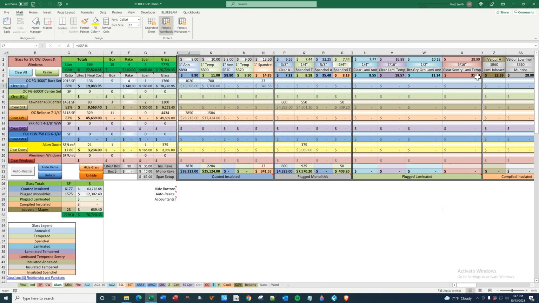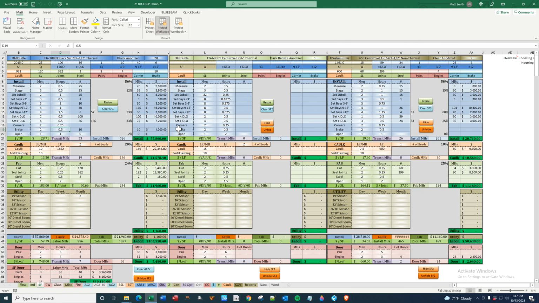The total square footage that you plug all the way across the board is totaled here on glass, and here's the price. You then have the opportunity to add spandrel, rake, box, XYZ. 2015 is the total square footage of the openings that you plug in from GDS and the like.